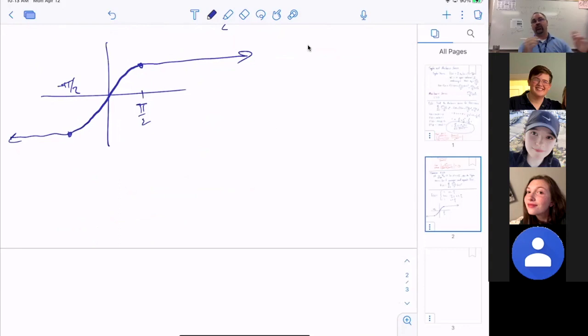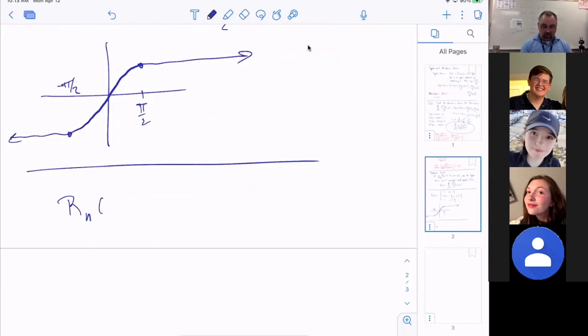Remember back to Taylor's theorem earlier, we learned that the remainder of any function or polynomial, in this case now series, is going to be equal to, in absolute value, the n+1 derivative at z over n+1 factorial times x to the n+1.